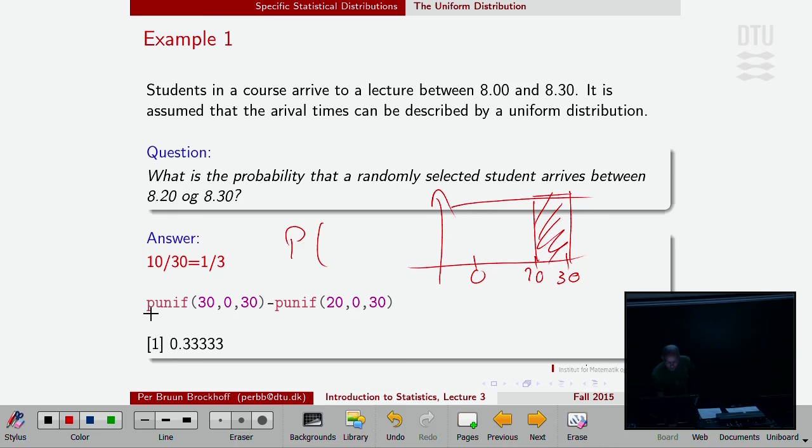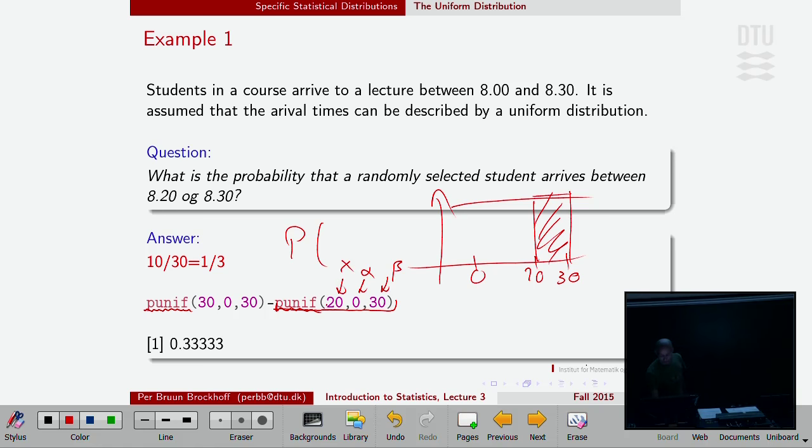We could also find these probabilities in R. Like we saw last time, there was a ppois and a pbinom. Here is a punif. P for the probability distribution function, funny enough, right? Whereas dunif would be the density function. So here, this is alpha, this is beta, this is x.